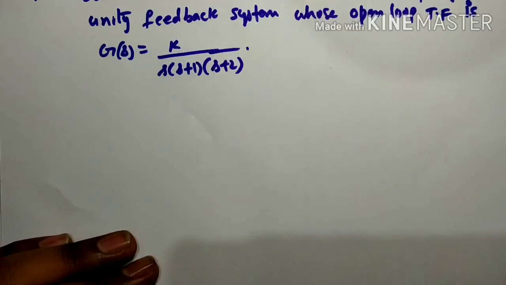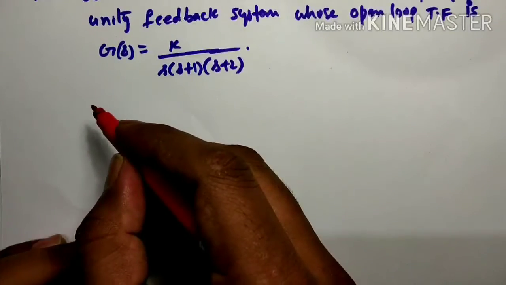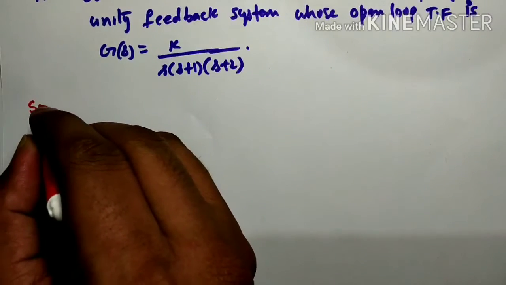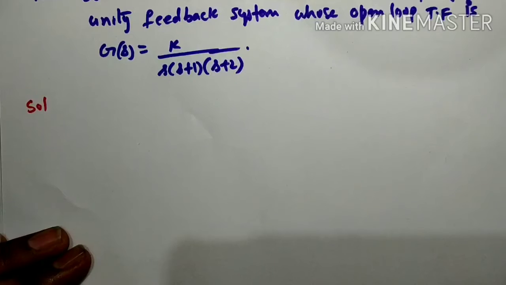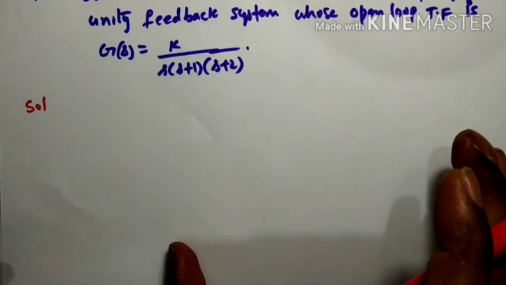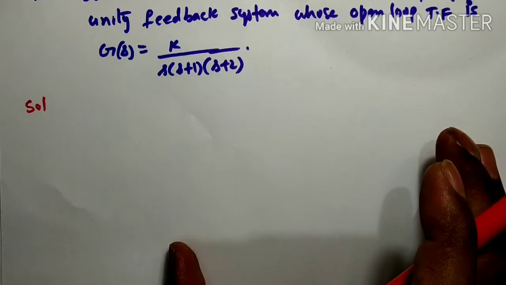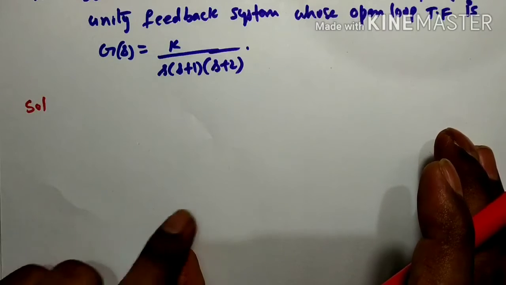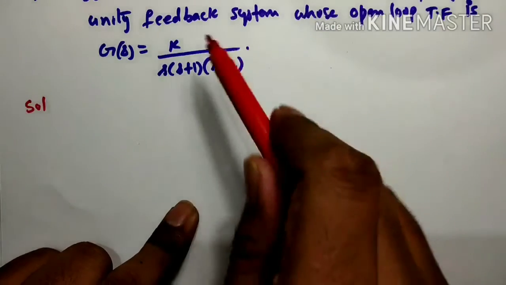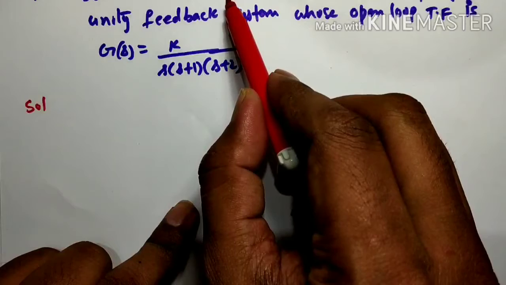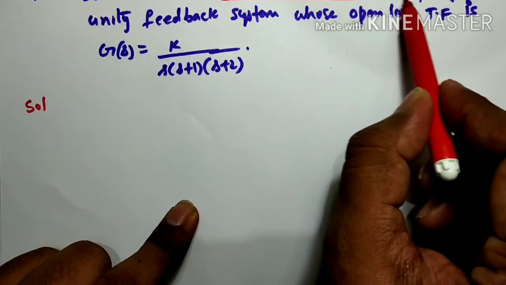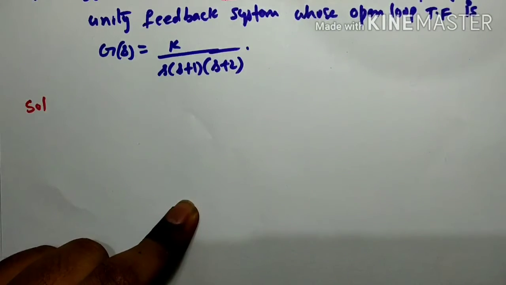So when we solve this problem, first understand the question and write what is the given data. First, we have to determine the range of K for stability, that is, for what value of K the system would become stable.